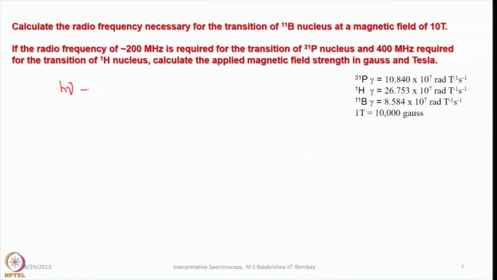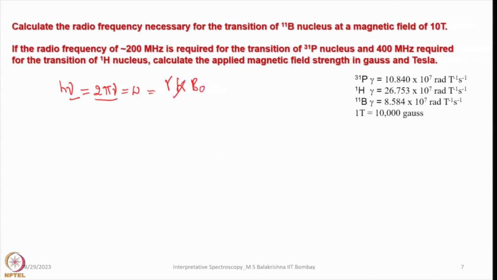Before I proceed further, let us make ourselves familiar with the equation I showed you. Recall: h nu equals h times 2 pi nu, and 2 pi nu is nothing but omega. Omega equals gamma B naught, so when you substitute, h nu equals h gamma B naught.